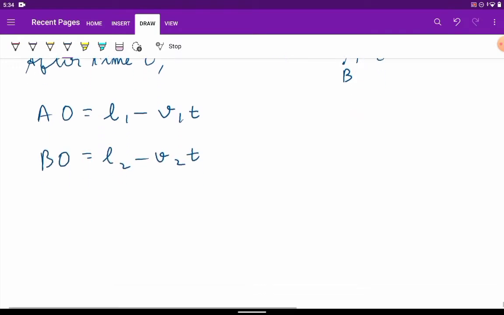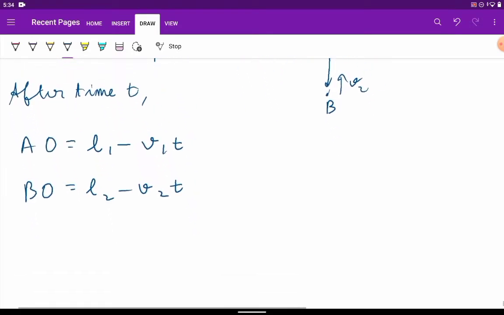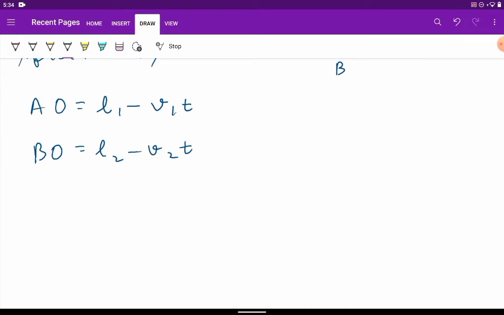The distance is decreasing, right? Till it coincides with the intersection point, the distance is decreasing. So L1 minus V1t, L2 minus V2t.